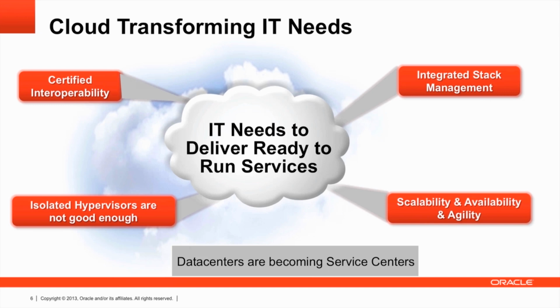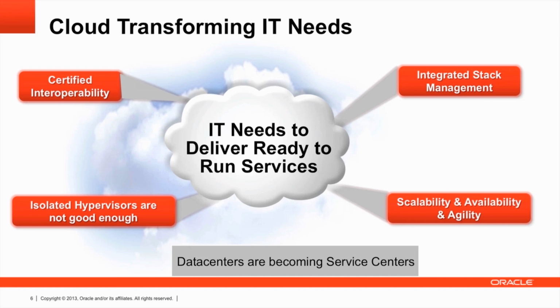As part of that, it's making IT a service center, and in order to actually be a service center, there are key ingredients to making that transformation happen smoothly. One is making sure that the various components that make up that new cloud infrastructure are integrated.